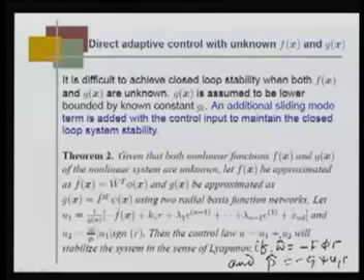Then the control law U 1 and U 2 defined here will stabilize this affine system, if w hat dot is minus F phi r, where F is a positive definite matrix, and p hat dot is minus G psi U 1 r, where G is again another positive definite matrix, phi is the basis function for approximating f x, and psi is the basis function for approximating g x.